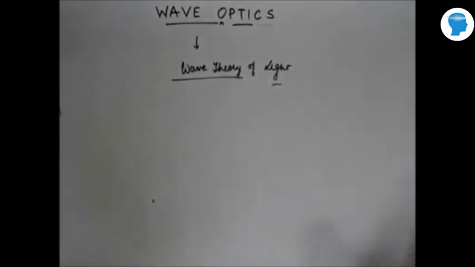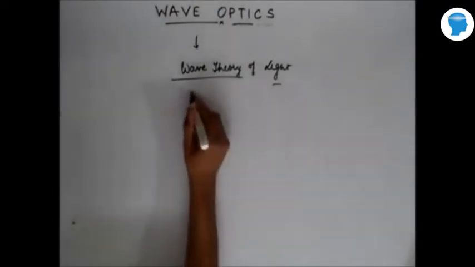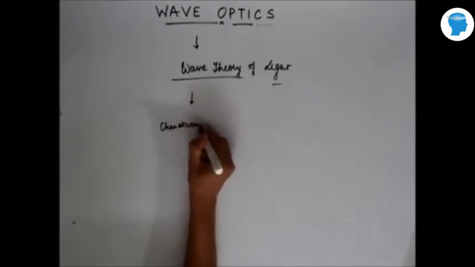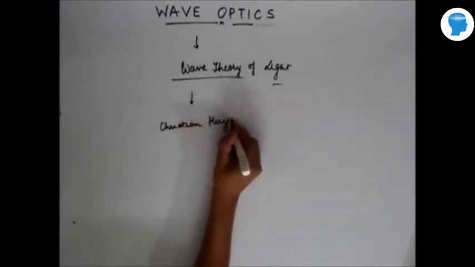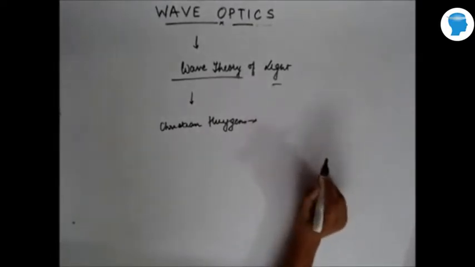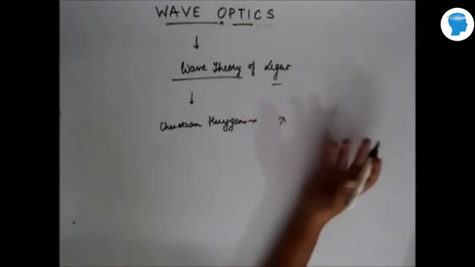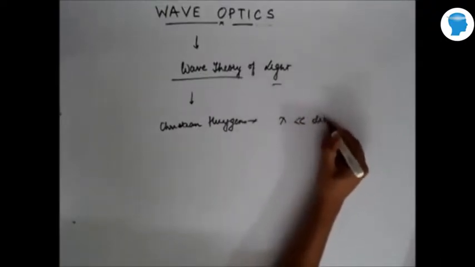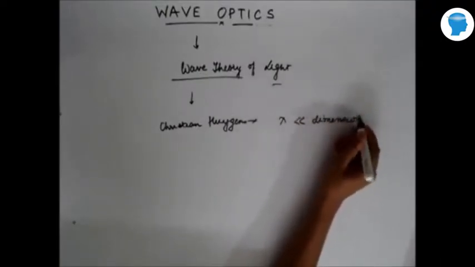The wave theory of light, as you all know, was first proposed by Christian Huygens, and what he said was that light is actually a wave, and the wavelength of the wave is very small compared to the dimensions of the object which we measure.